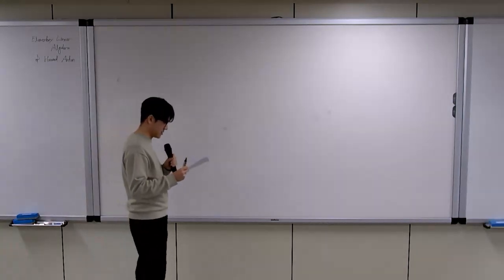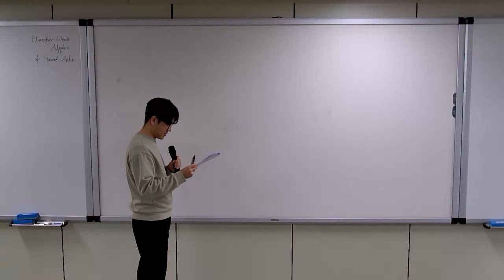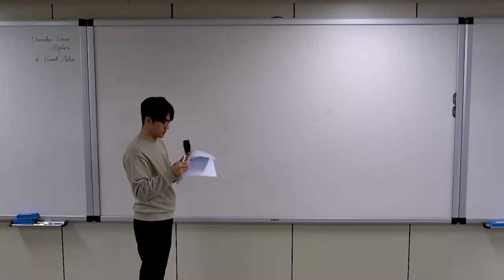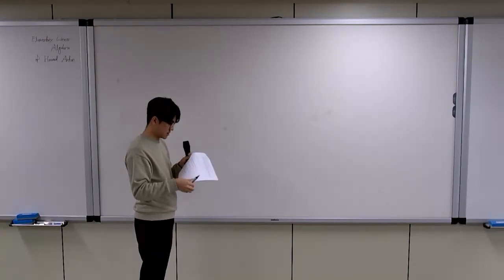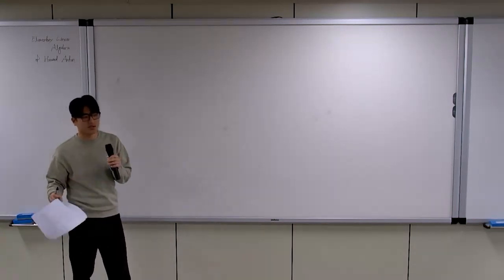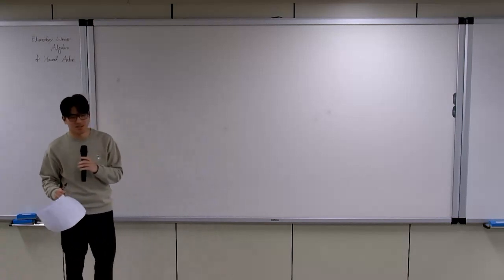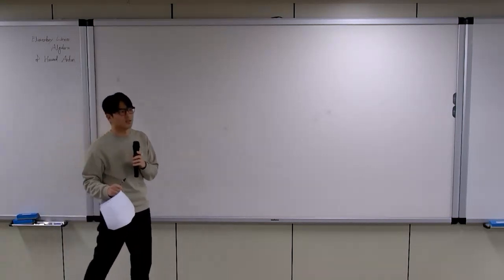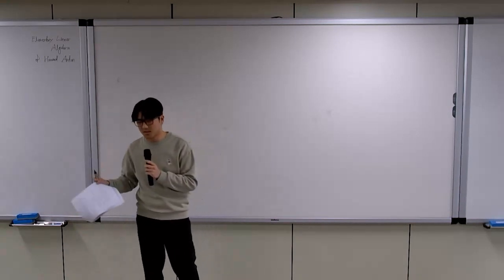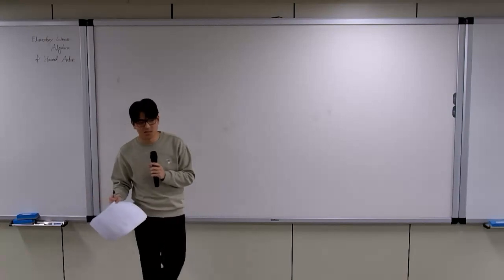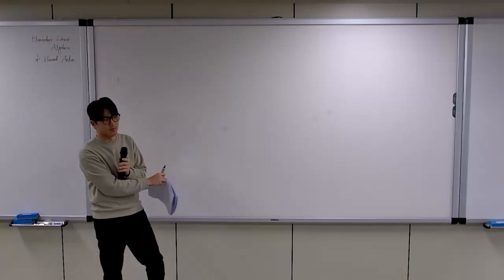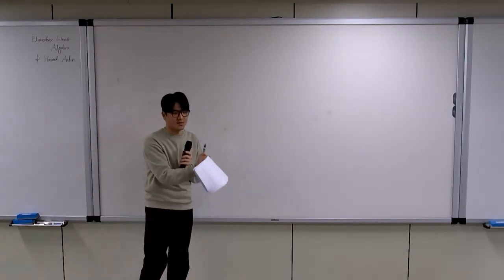Okay, then I explained how to reduce to row echelon form. In the computer case, Gauss-Jordan elimination is not more usable than just Gauss elimination, because the additional step is only for searching by hand.